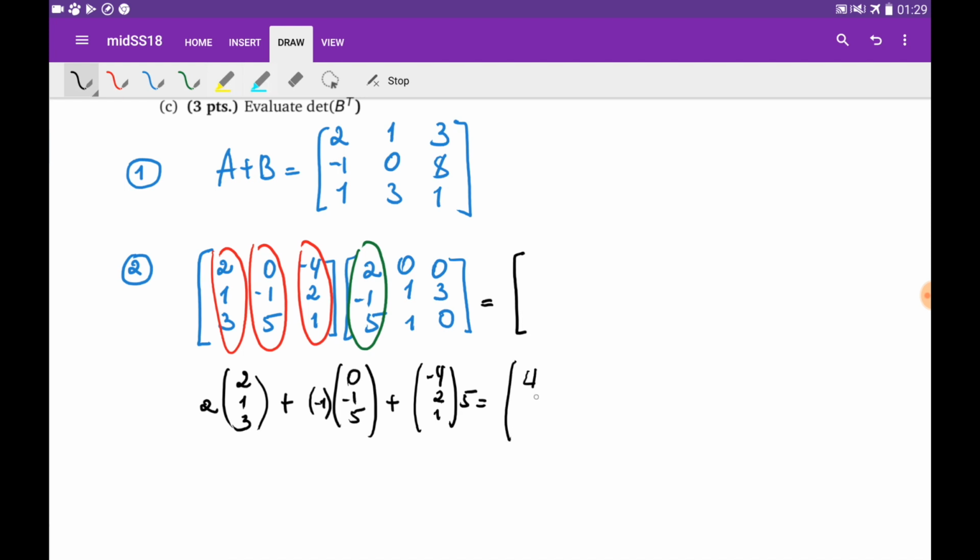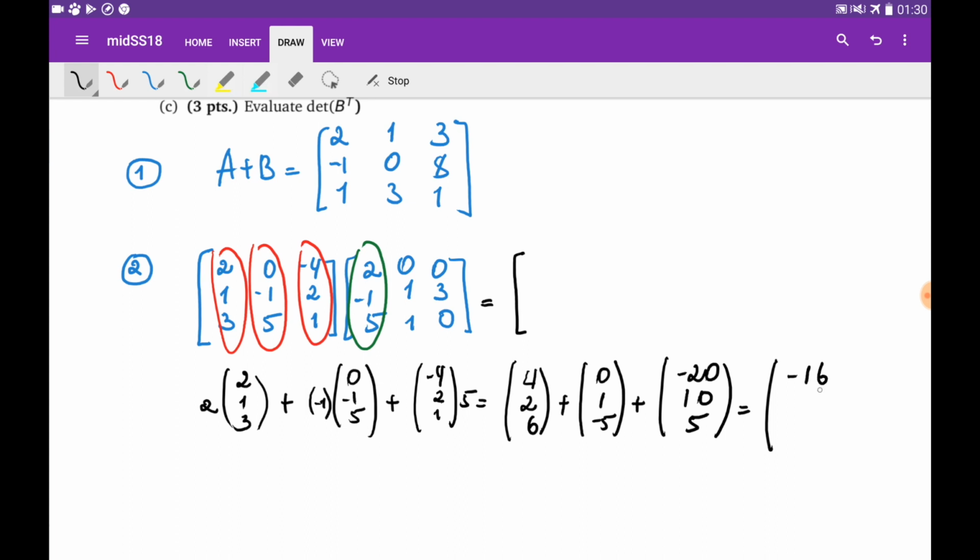So it's going to be 4, 2, 6, plus 0, 1, minus 5, plus minus 20, 10, and 5. If we add these 3 vectors, we're going to obtain minus 16, 13, and 6. So I need to put this as the first column of the resulting matrix.